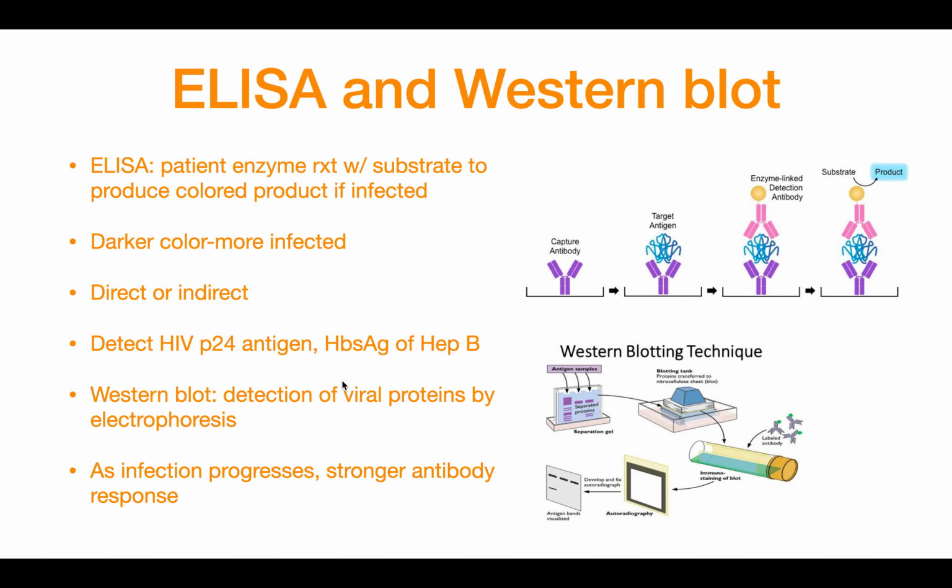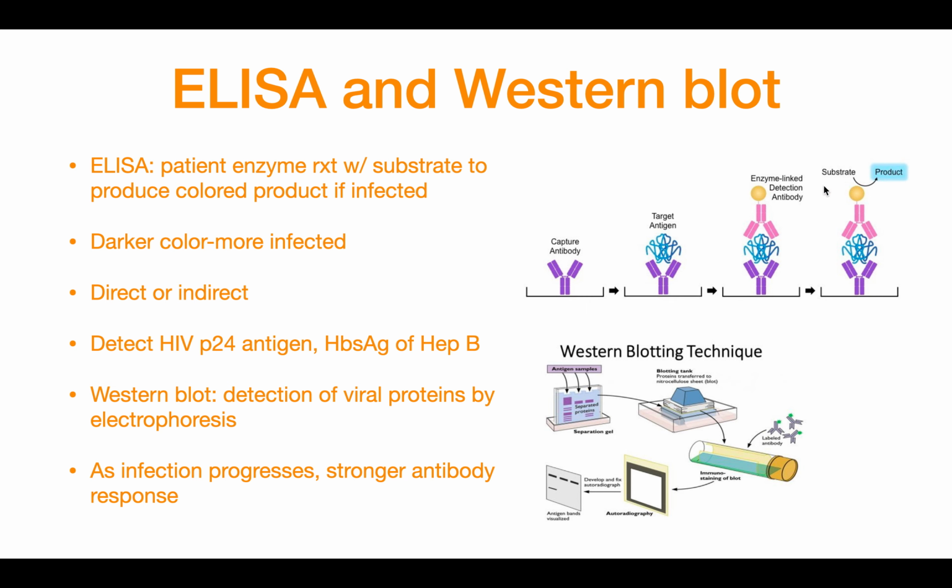The ELISA is using the patient enzyme to react with a substrate to produce a colored product if it's infected, and it uses the sandwich method. So there's an antibody in the serum, and you give the serum the targeted antigen, allow those to mix, and then you add in a tagged antibody to see if the antibody has bound to the antigen.